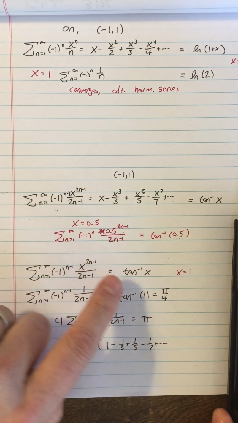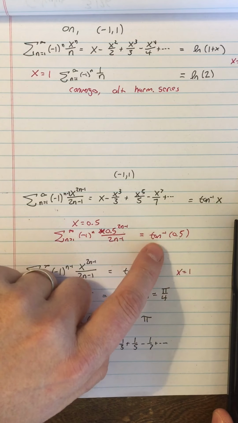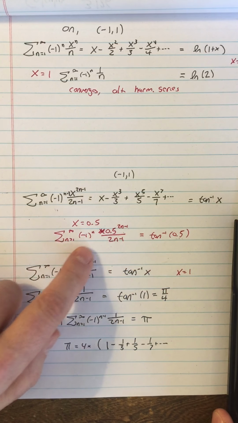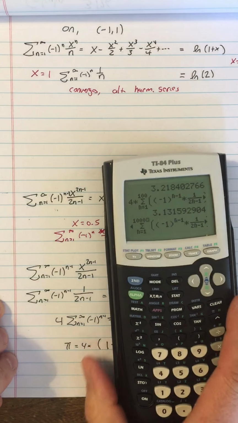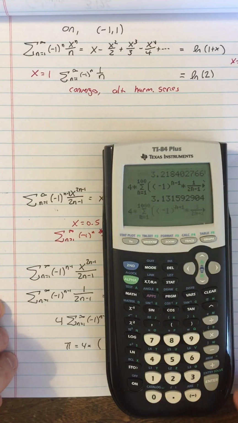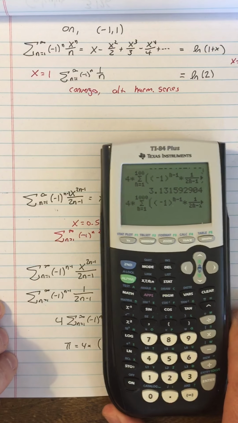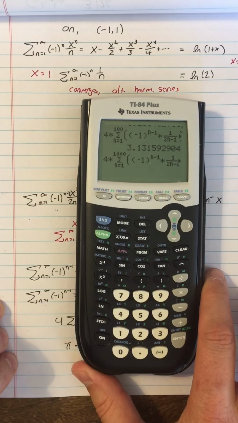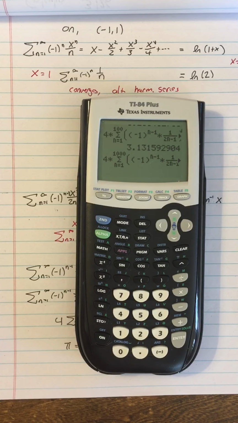To get 10 decimals of accuracy, we only had to do 13 iterations, the 13th partial sum. But here I can do 1,000 iterations of this one and make my poor calculator just sit there calculating pi for 1,000 partial sums of the slowest series that there could possibly be to calculate pi.